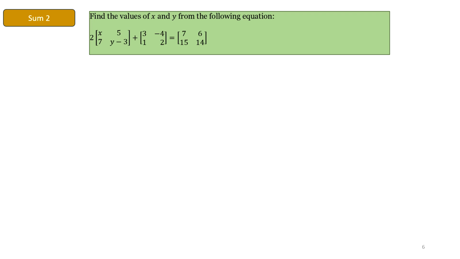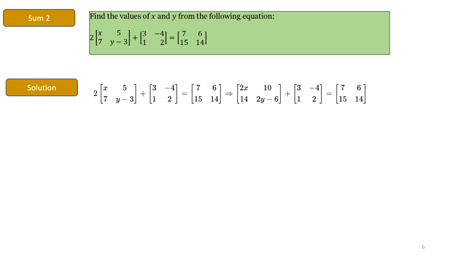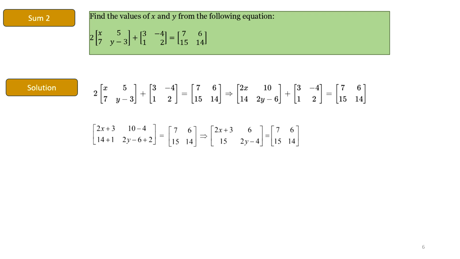Multiplying the left-hand side matrix by 2, we get the following. Equating the elements of the two matrices of LHS and RHS, we can compute the value of x and y.